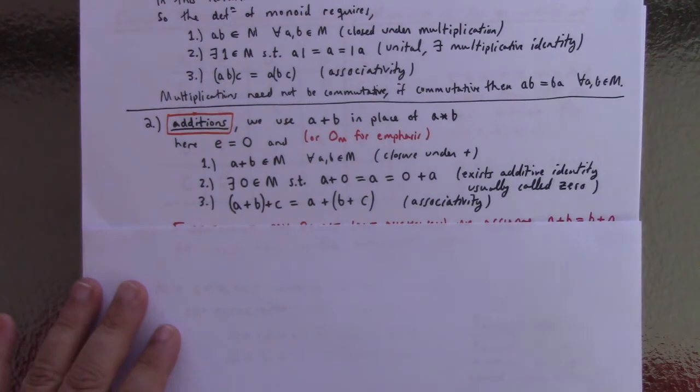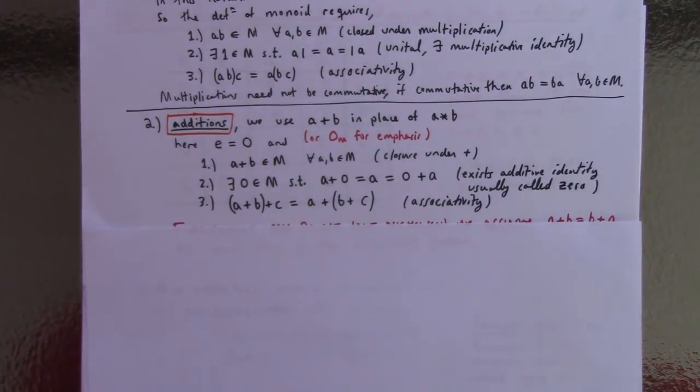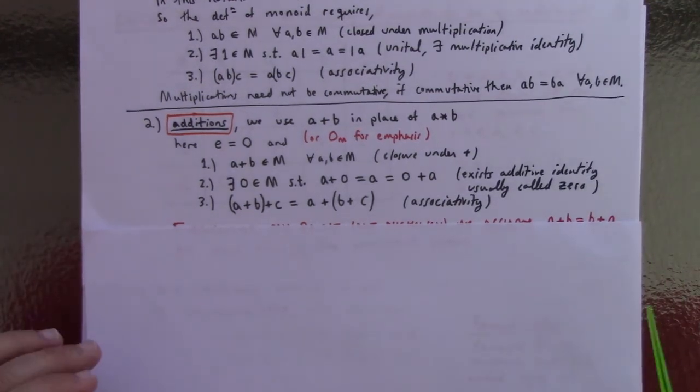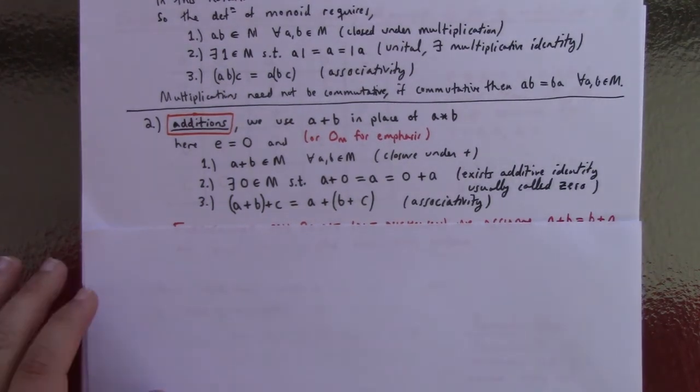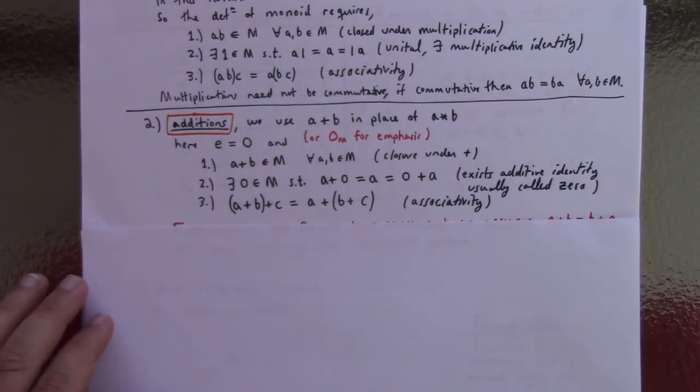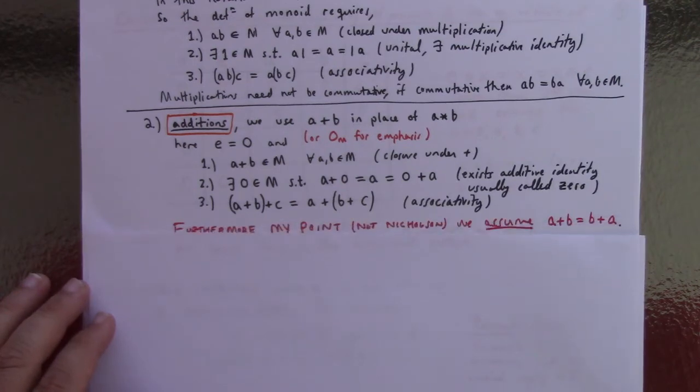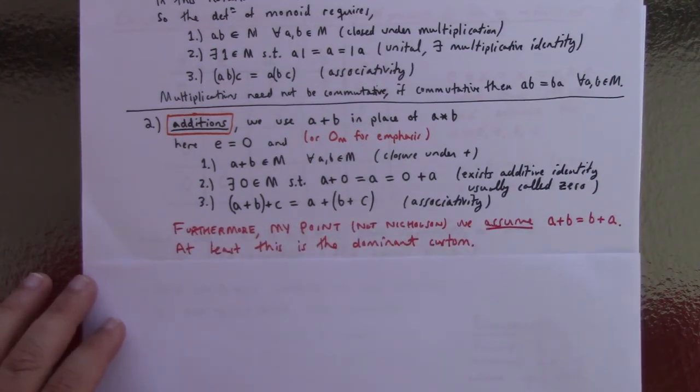Now you guys have all had linear algebra, so these things are familiar. You recognize this as part of the song and dance we give for what it means to be a vector addition. There's more bells and whistles there, of course, but addition. Now, I would add this. Nicholson doesn't say, but if you use additive notation for an operation which is not commutative, you're being weird.